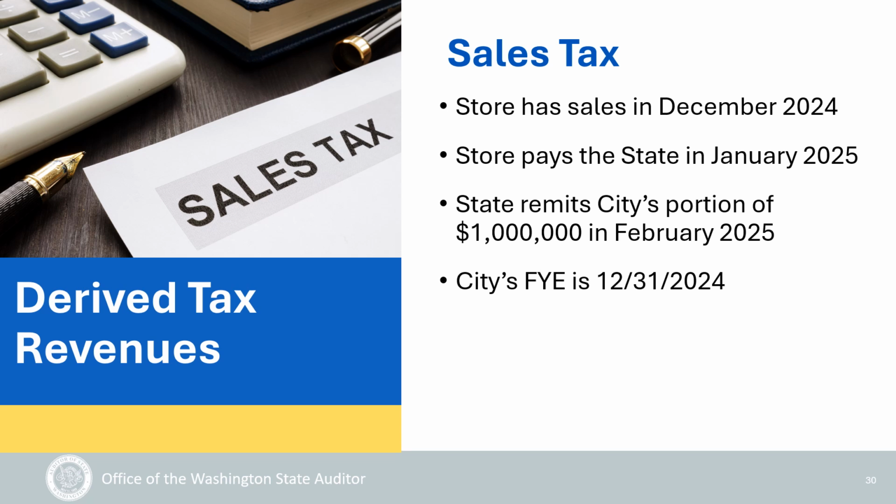The state just collects sales tax for all governments to make it easier for stores remitting their sales tax. The state collects sales tax revenues from all businesses and then remits the amount owed to the city in February. In this example, the city's fiscal year end is 12/31.